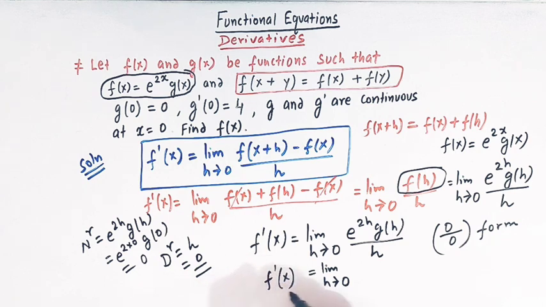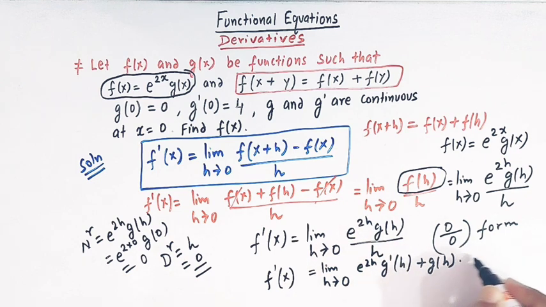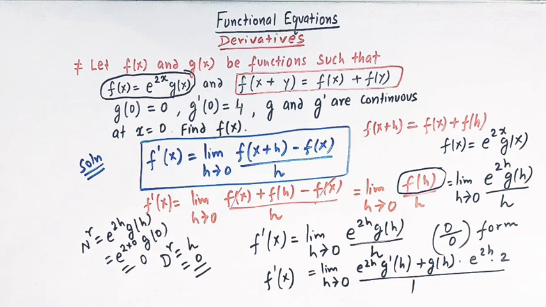Here we have f of x, and to find the derivative of the numerator, we'll apply the product rule. So here we have e raised to 2h, then g prime of h, then g of h, and then the derivative of e raised to 2h, which is e raised to 2h, then the derivative of 2h is 2, and in the denominator we have the derivative of h as 1.